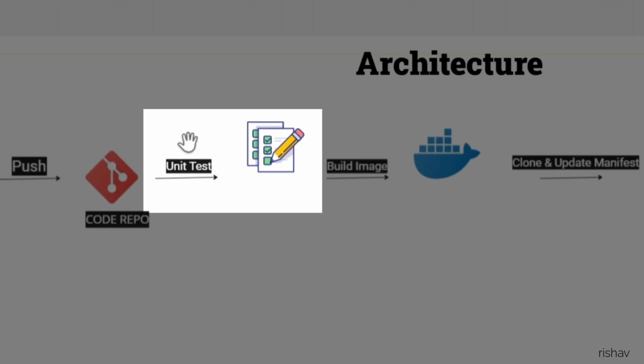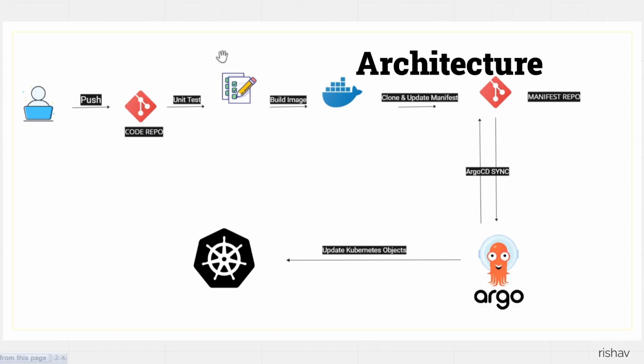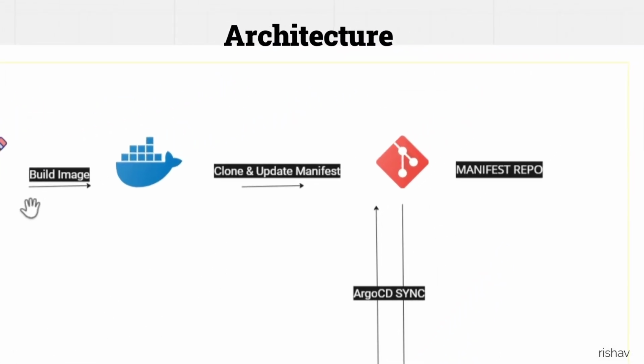In the test stage, we basically write unit tests and all kinds of tests which we want to implement. For example, if you're working with Node, we will add some syntax checking like ESLint and all those tests here. After the test, we'll have another step: if the unit tests pass, then we go to the next step, which is to build the application in the form of a Docker image.